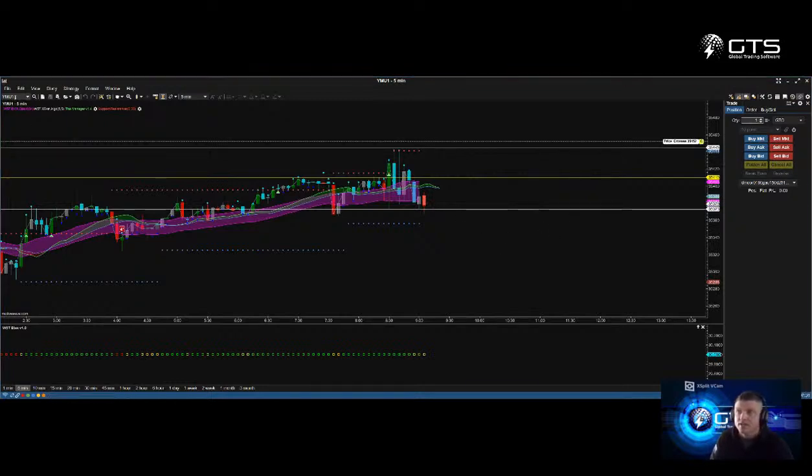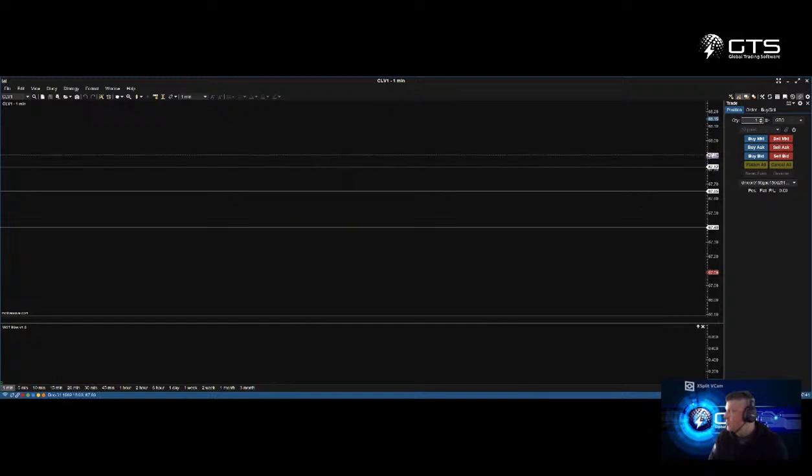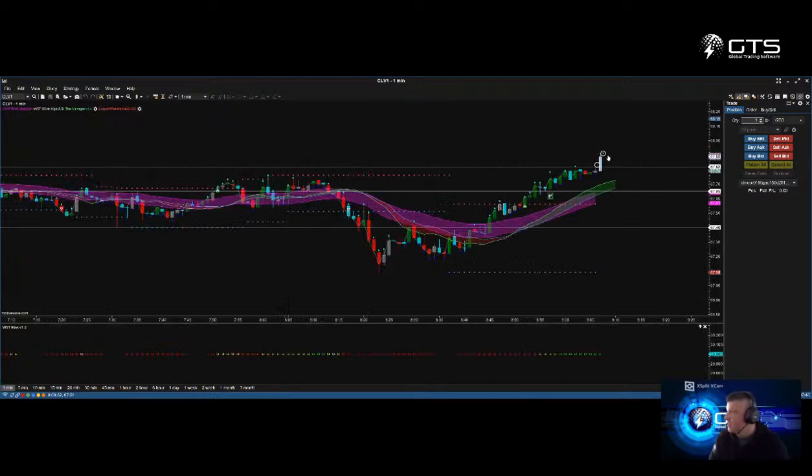All right, oil just crossed that second, just hit my second little notification here. So we're waiting until 92 for an entry for the breakout play, the opening range breakout.